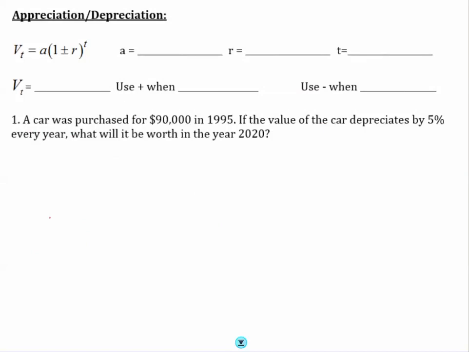It is V sub t equals A times 1 plus or minus R to the t, where A is the initial value, R is the rate as a decimal, t is time in years, and V sub t is the final value.